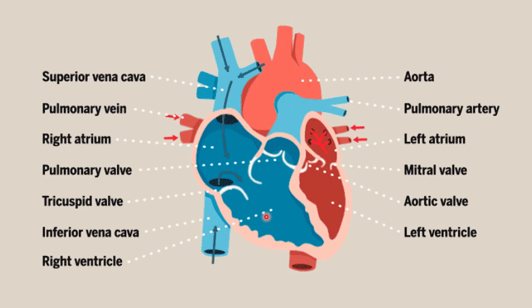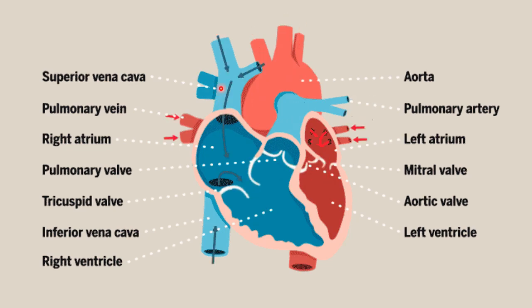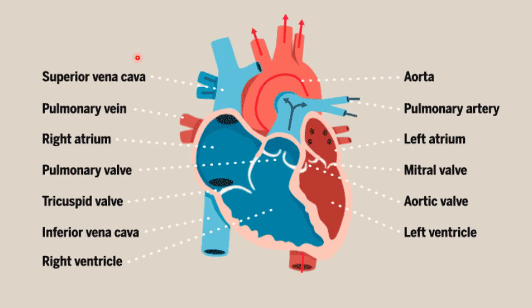Okay, so let me just clarify things with you. Inside our heart, there are two kinds of tubes, the exit and entrance, for the oxygenated and the deoxygenated blood. Just remember that for deoxygenated, we have the superior vena cava as the entrance, and the exit would always be the pulmonary artery. Okay?